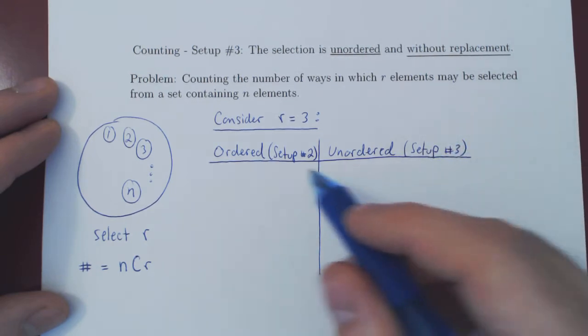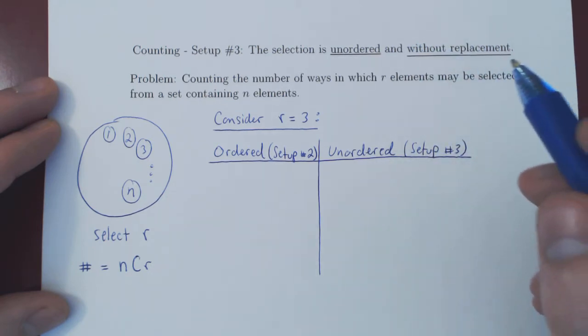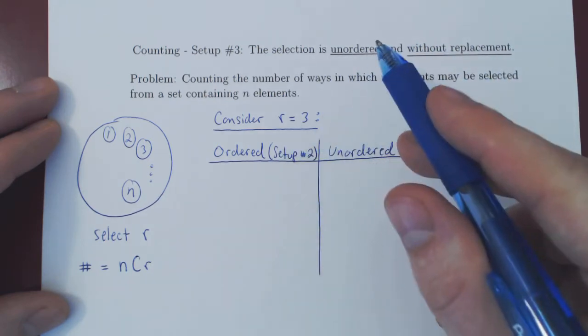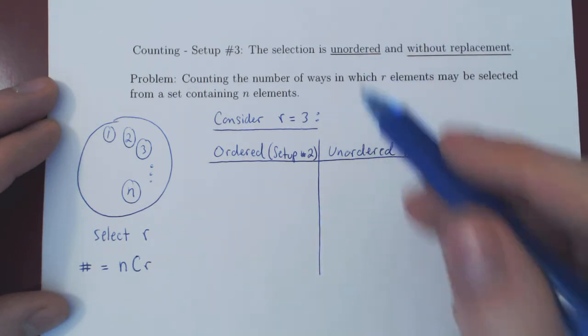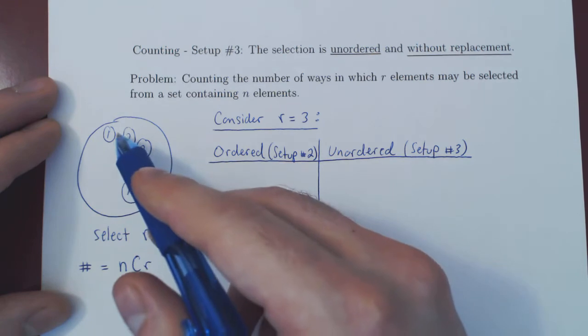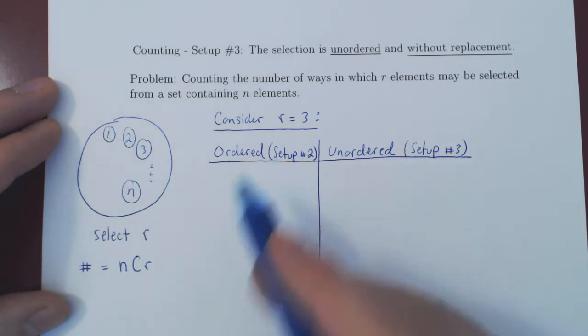And remember, both setup number 2 and number 3 are without replacement. The only difference is setup number 2 is an ordered selection. Setup number 3 is an unordered selection. So suppose balls 1, 2, and 3 were chosen, and now we have an ordered selection.